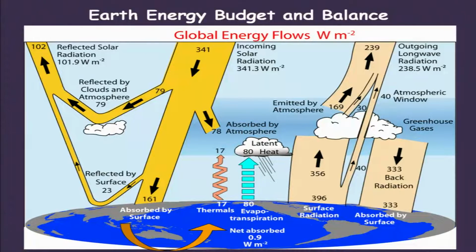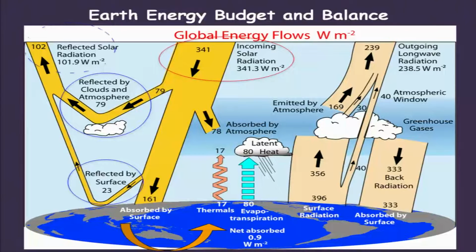Now, if you see the energy budget and balance, in total 340 or 341 watt per meter square is the incoming solar radiation. Out of that, 79 watt per meter square is reflected by cloud and atmosphere, and 23 is reflected back from the surface of the earth.